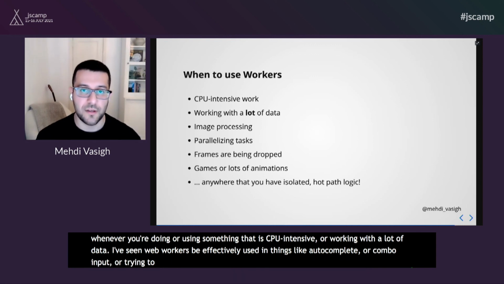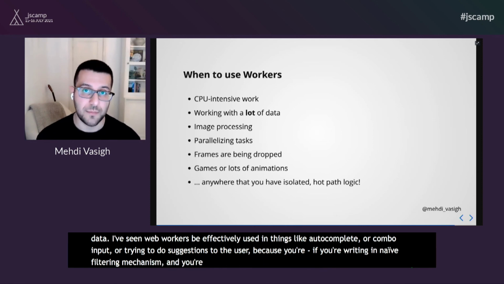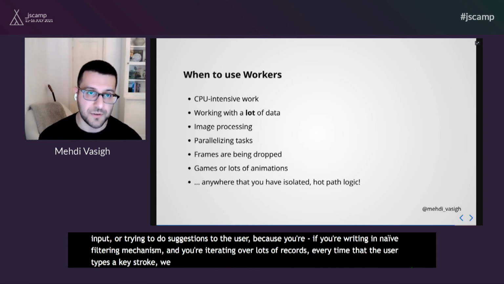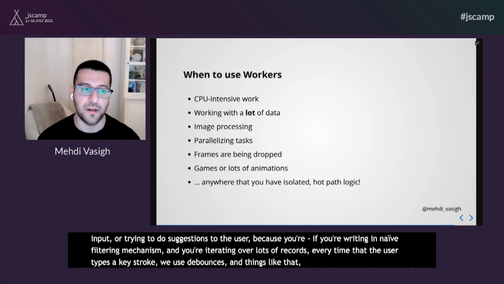If you're writing a naive filtering mechanism and iterating over lots of records every time the user types a keystroke, sometimes we use debounces for this. Web workers provide a better experience because they provide quicker results without blocking the UI at all.